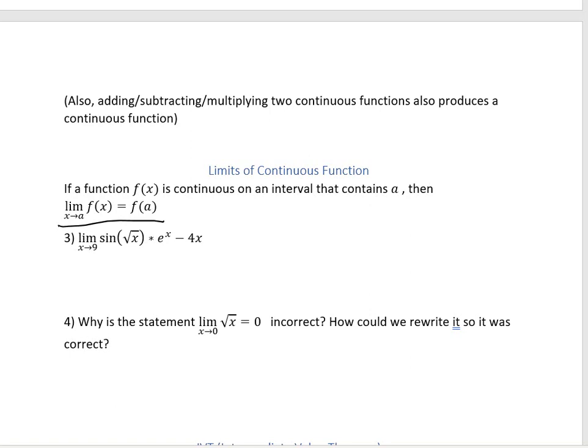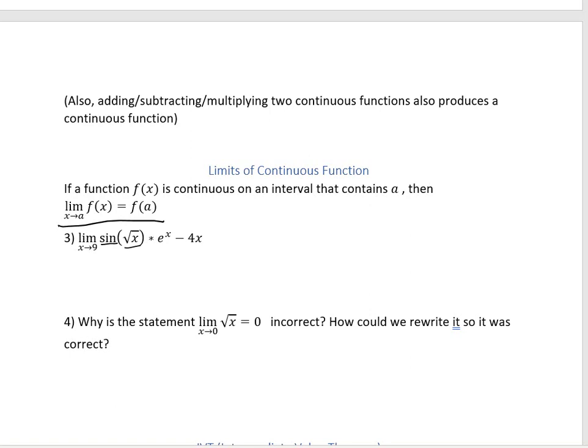So for example, here we have sine, which is a continuous trig function, the square root of x, which is only continuous for x values greater than or equal to 0, and 9 is greater than 0, so we're good. e to the x, an exponential function, is also continuous. 4x is a polynomial function.